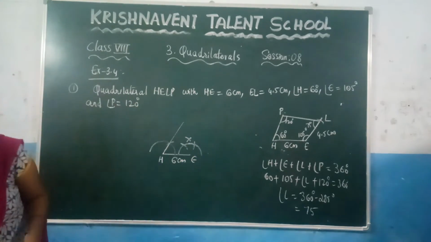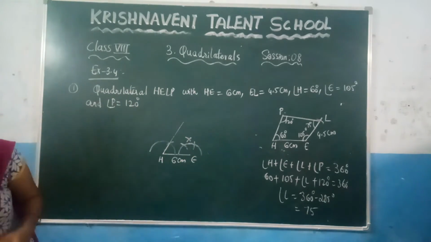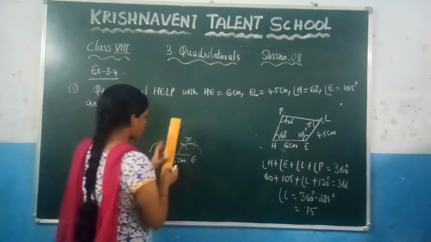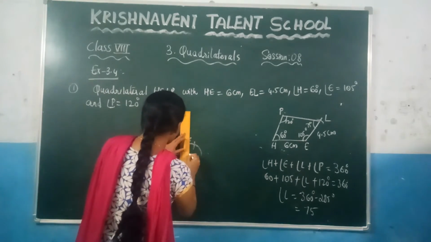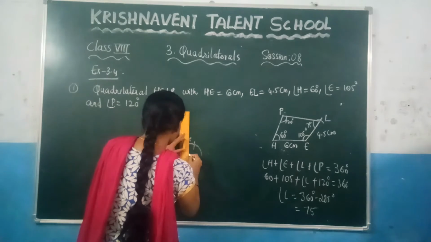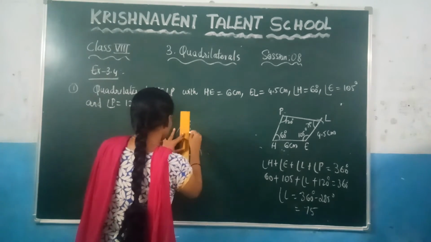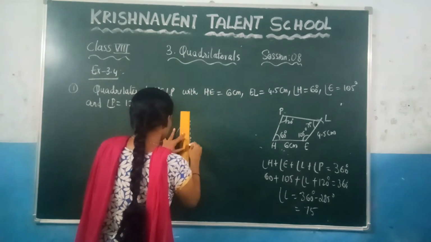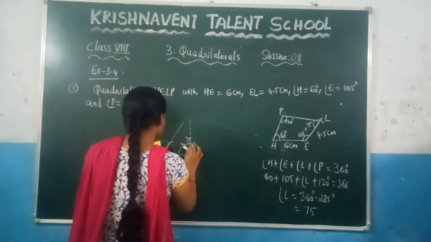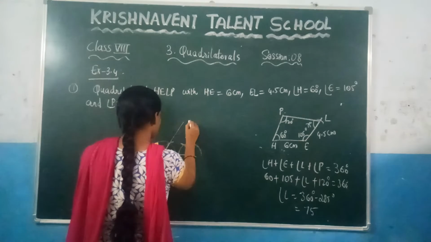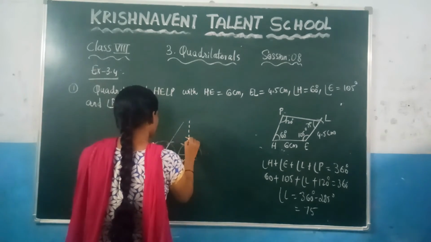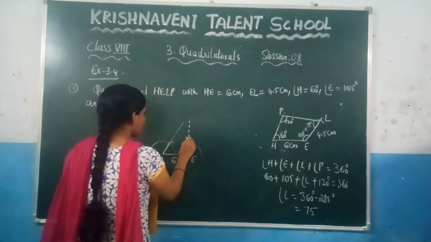So here join this one with the help of the dotted line so that you will come to know what is 90 degrees. So here this is 90. So this is nothing but 90.